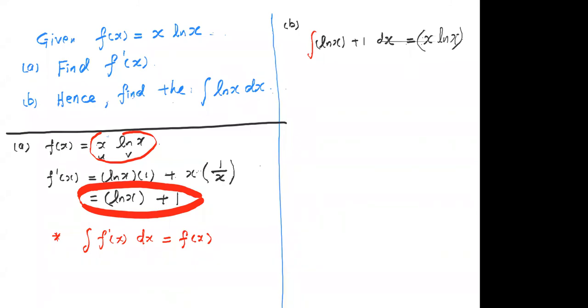All right? So now, I know that if I see a plus and a minus, I can break this into 2. Every time when you break into 2, you have to put a dx at the back. It is equal to x ln x.